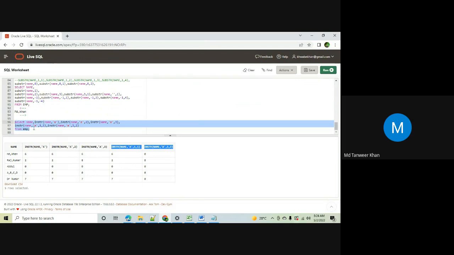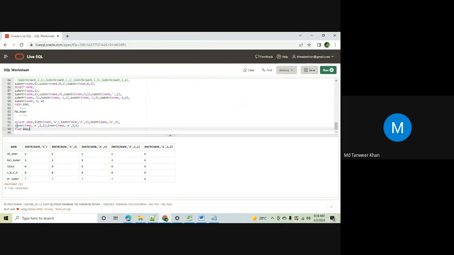If you're writing this one, you are telling the SQL engine that I'm searching for lowercase a, I want to start from the first position and I want to search for the first occurrence of it. If you're writing this, you are telling the SQL engine that I want to start from the first position and check the second occurrence of it. The second occurrence of A is at the 8th position here, right? That is what is showing as 8.